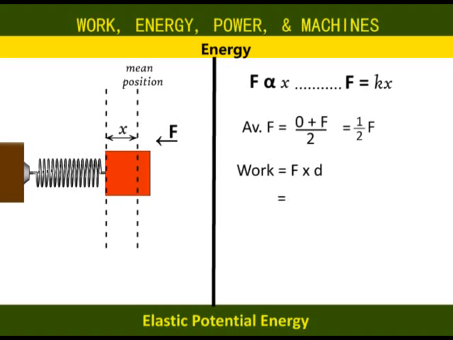So work is equal to the average force times extension. That is a half F times x. But from Hooke's law, F is equal to kx, and therefore work is equal to a half kx squared. This work is stored as elastic potential energy of the spring or any elastic object when stretched or compressed by a distance x.